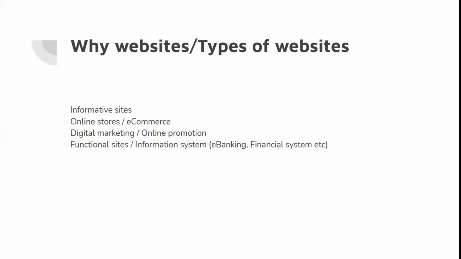These things can happen on a website. When it happens, it is identified as an e-commerce site or online store. So this is the second type of website, or the second reason to have a website.